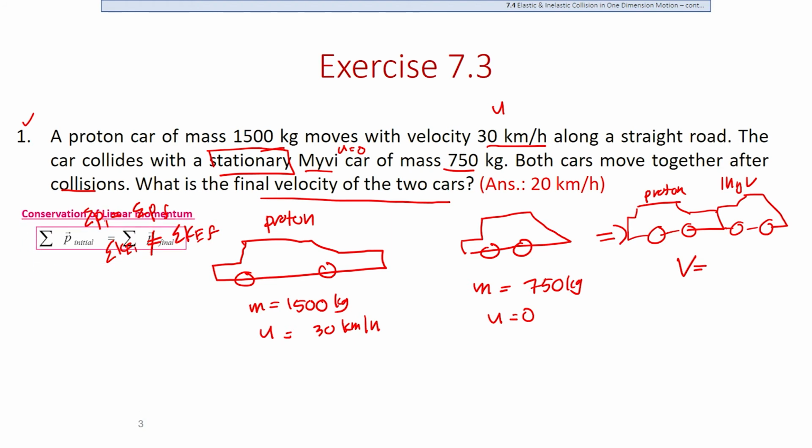Total momentum initial equals total momentum after collision. So we write m proton u proton plus m MyVi u MyVi equals mass proton and mass MyVi times the velocity v, the same speed after collision. So we try to find v, the speed after collision.